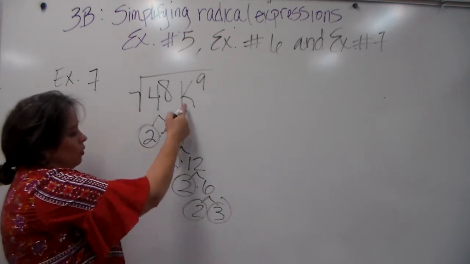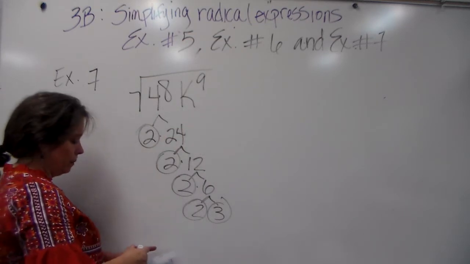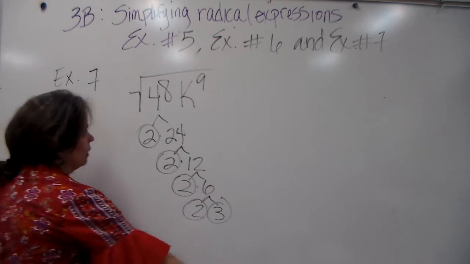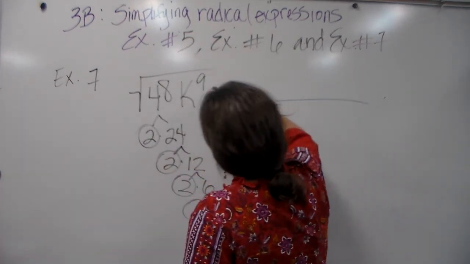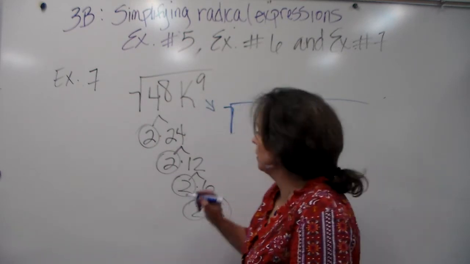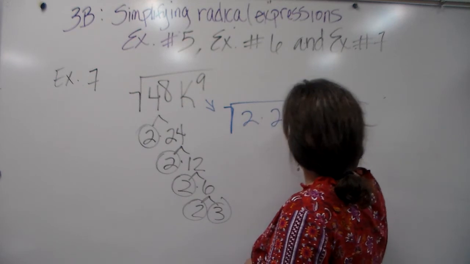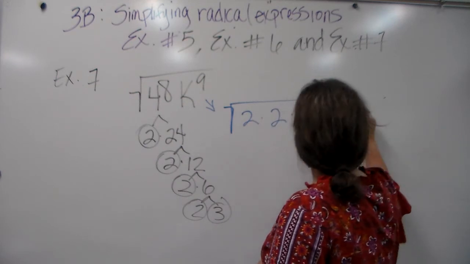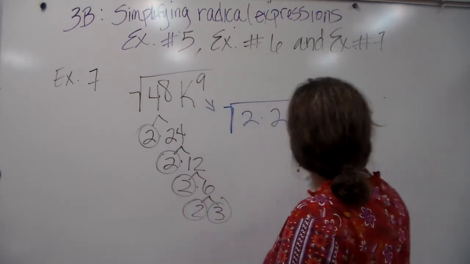And that means when we list this in its prime factor form, when it's broken up into its prime factors, we have 2 times 2 times 2 times 2 times 3, and then we have 9 k's, okay?